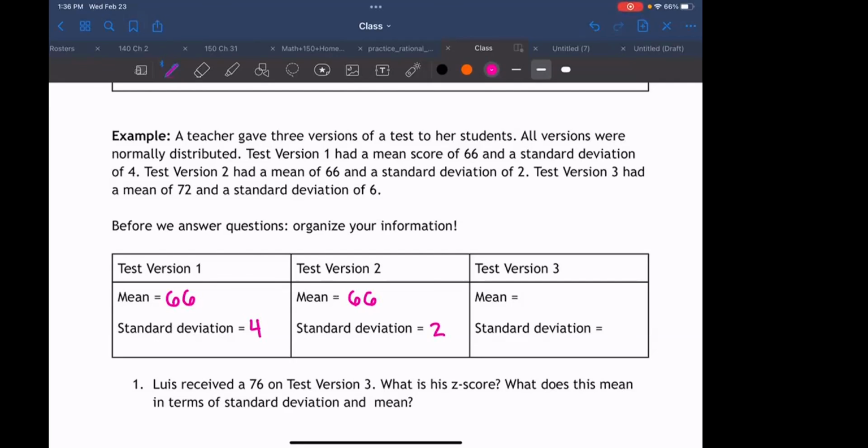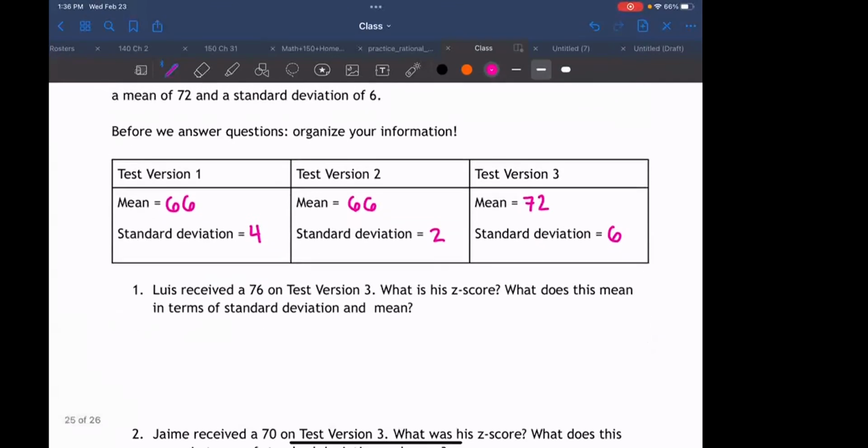And test version 3 had a mean of 72 and a standard deviation of 6. Gosh, these tests don't look so good. That's okay. What I did here is organize my information so I don't make mistakes when I put things in. This is always a good practice when you're given a word problem with a lot of information.